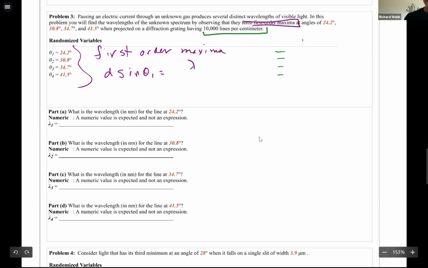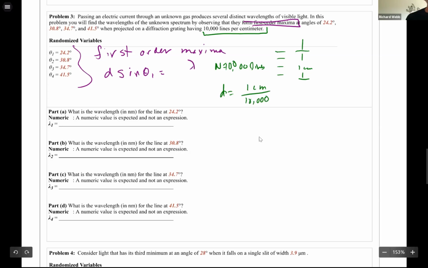So if I have a distance of 1 centimeter and I have n equals 10, that's never going to fit. I have n equals 10,000 lines there. Then what's the spacing between the lines? 1 over 10,000 centimeters? 1 centimeter over 10,000, that's correct.